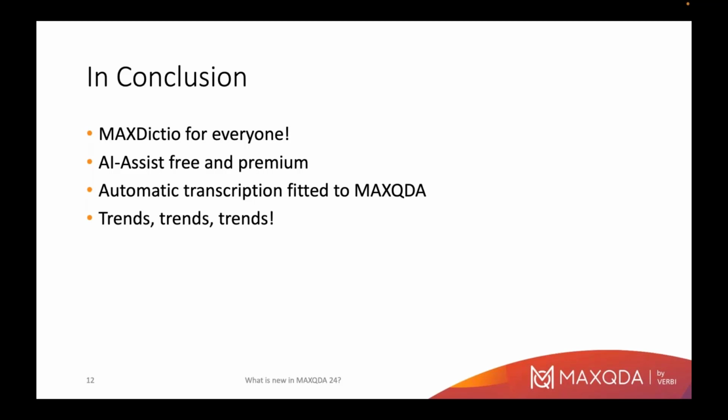You can try the automatic transcription feature. You get 60 minutes for free. Just try it with your data, and if you at least get one interview transcribed by MAXQDA, that's a great thing, I think. And trends, revisit especially the code trends across documents. I think that's a very interesting new feature.